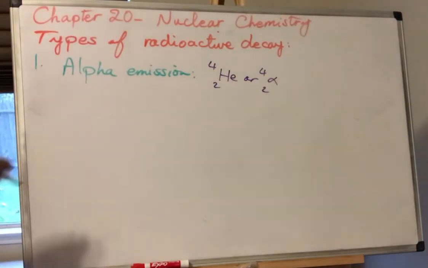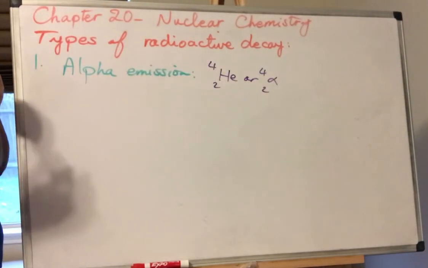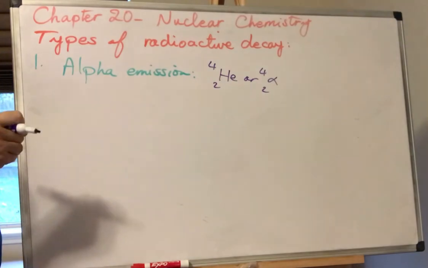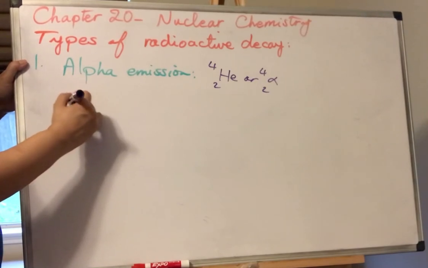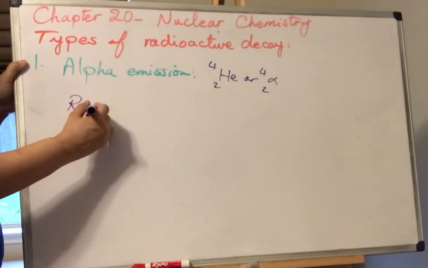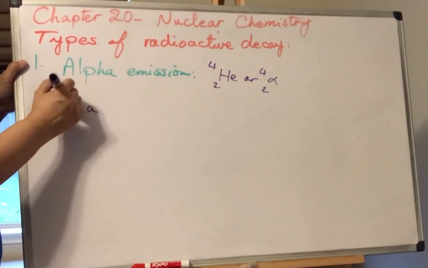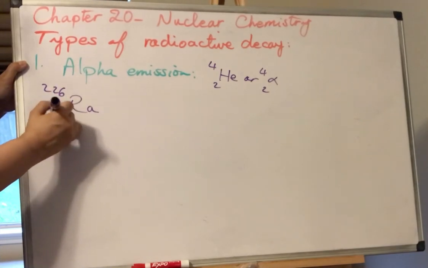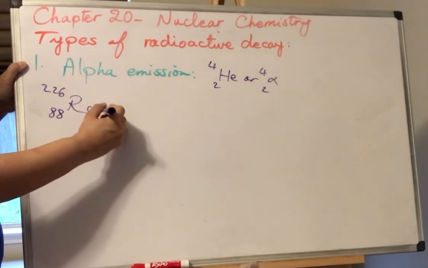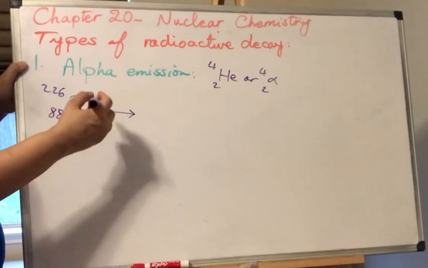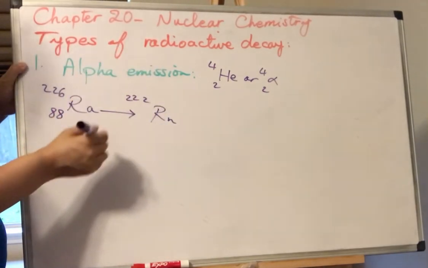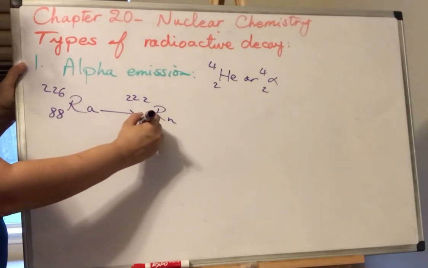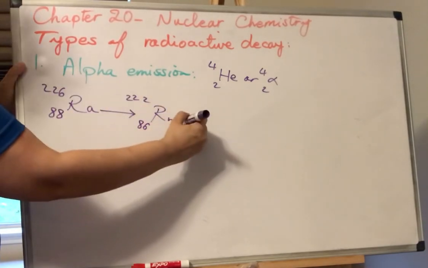The example, when there is an alpha particle from an unstable nucleus, is going to be emitted to be the product. So like radium 226, its atomic number is 88, and it breaks to radon 222, and 86 would be its atomic number.